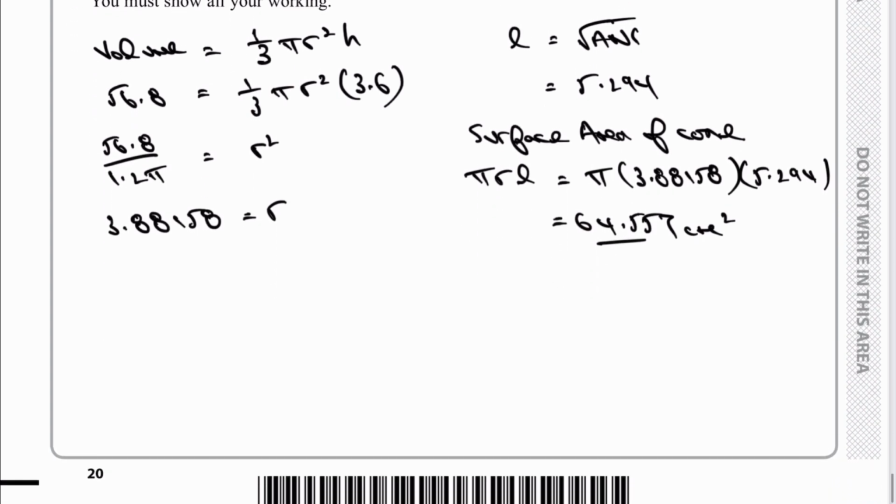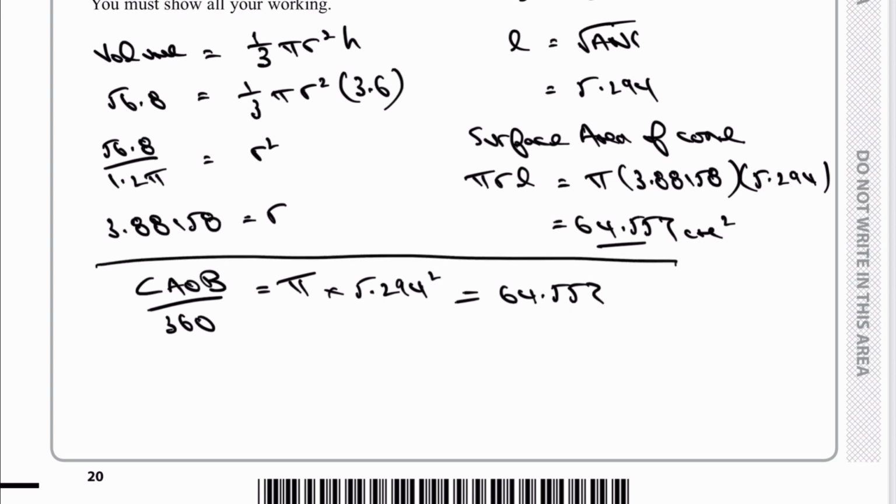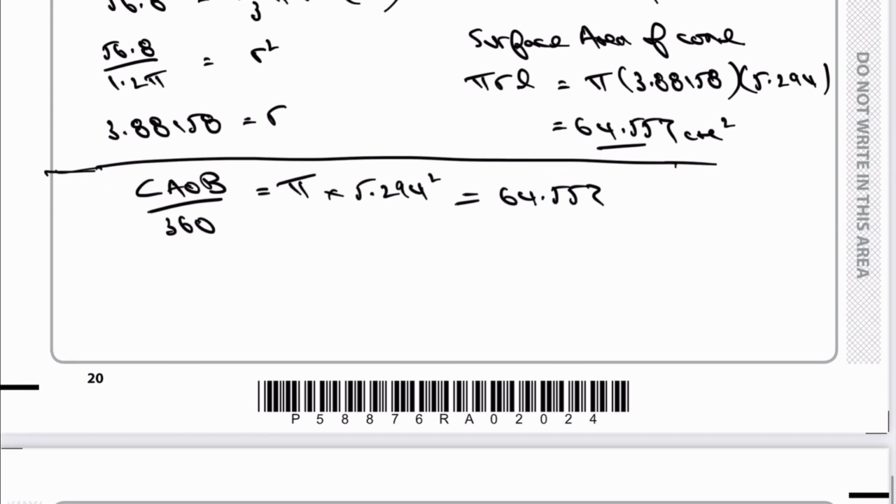So what I can say is that angle AOB, which is what I'm looking for, out of 360 is equal to pi multiplied by the radius squared, because the area of a circle is pi r squared, 5.294 squared. And that is going to be equal to the area that we've just worked out, which is 64.557. So this is the key bit of information that we need.